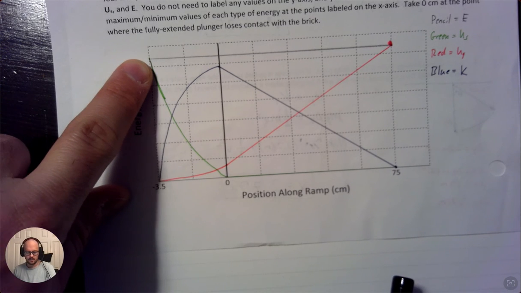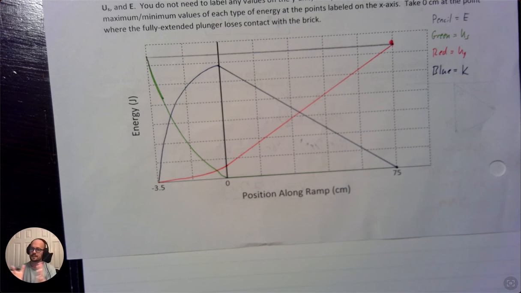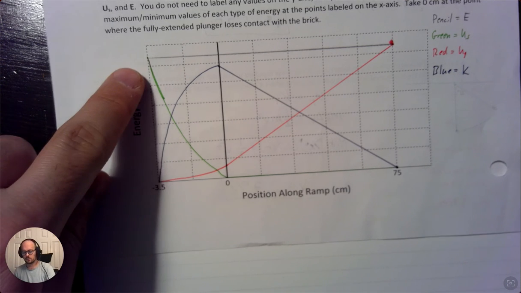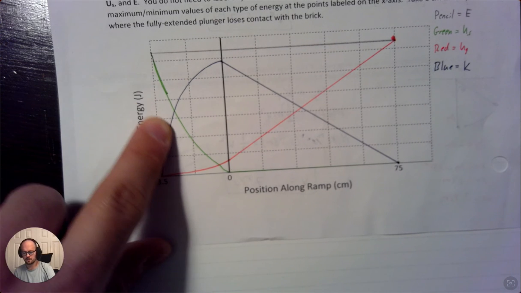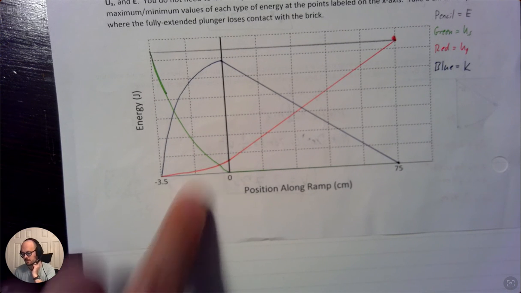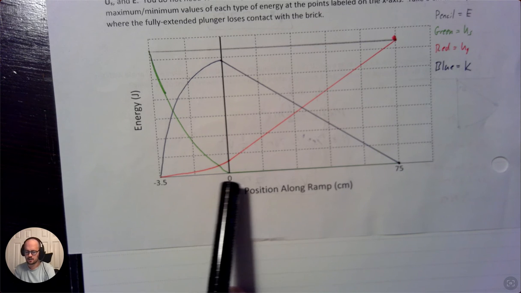This line should then go from the maximum to 0, because once the plunger is extended, it has released all of that elastic potential energy because that spring has uncompressed. So it goes from its maximum to 0. This line has to be curved because of the equation for elastic potential energy. It's 1/2 kx squared.